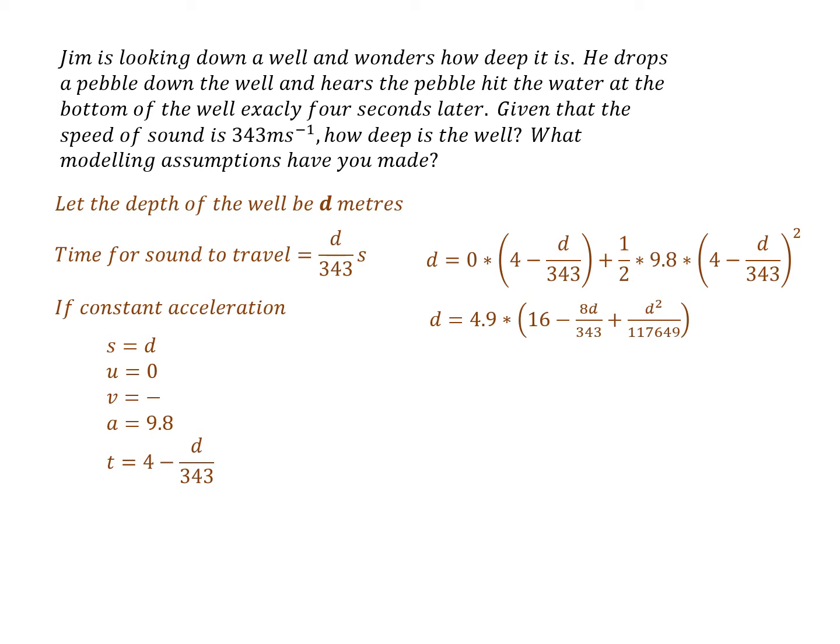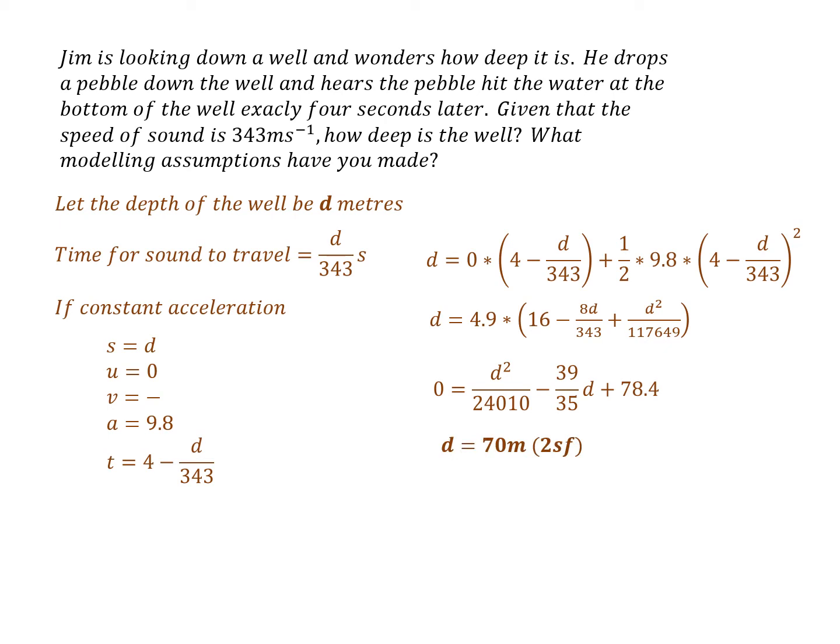So that gives me that, slightly better looking, although some dodgy looking numbers in there. Then I take the d over to the other side and multiply the 4.9 to give me this quadratic. So it's then just a matter of popping that into my calculator and getting the answer 70 meters.